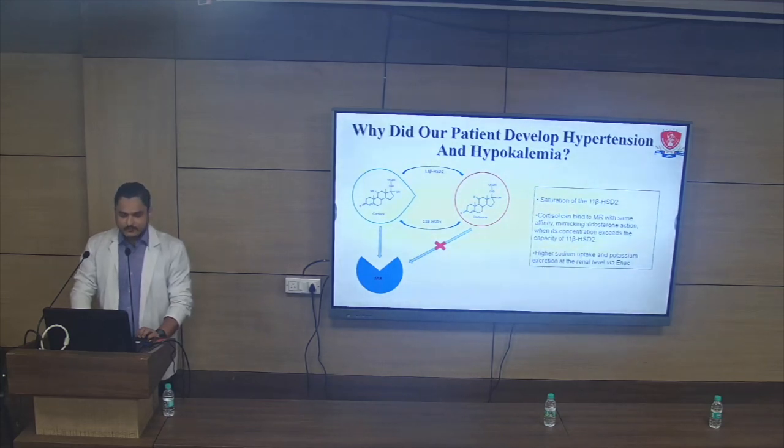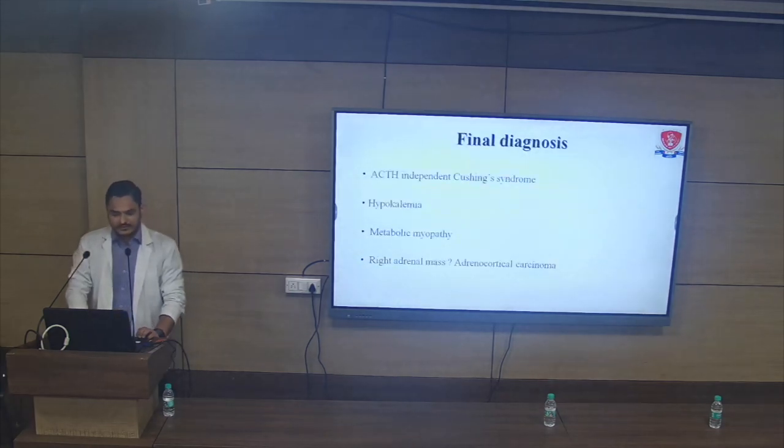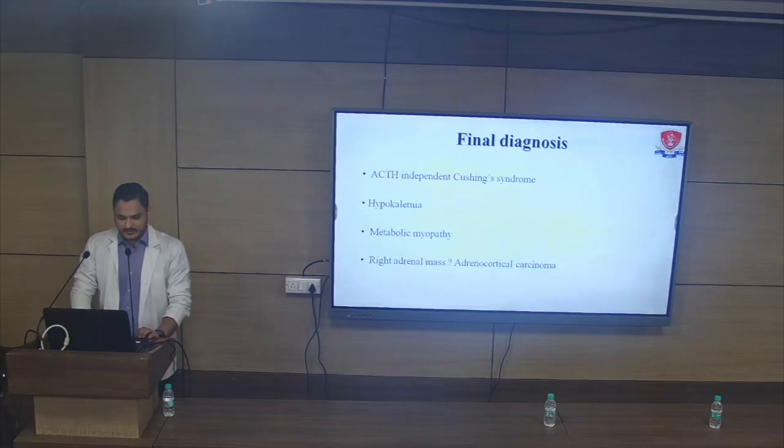In Cushing syndrome, when the cortisol levels are very high, 11 beta HSD2 gets saturated and does not convert cortisol into cortisone. So the high levels of cortisol act on the mineralocorticoid receptors and cause hypertension and hypokalemia. With this, we made the final diagnosis of ACTH-independent Cushing syndrome with hypokalemia, with metabolic myopathy, having a right adrenal mass, which was probably adrenocortical carcinoma.